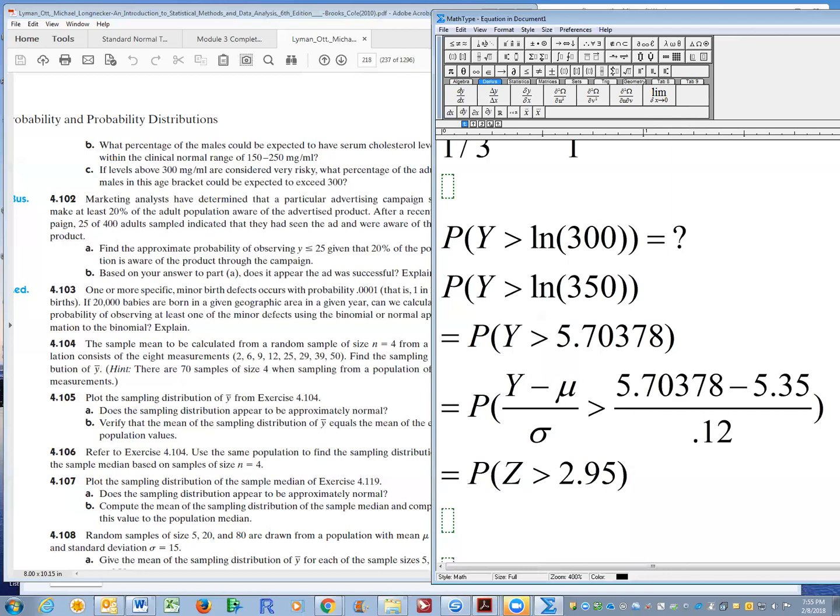So what did you get when you just had 5.7 minus 5.35 over 0.12? Did you get something different than this? Yes, I got 2.92. Okay.